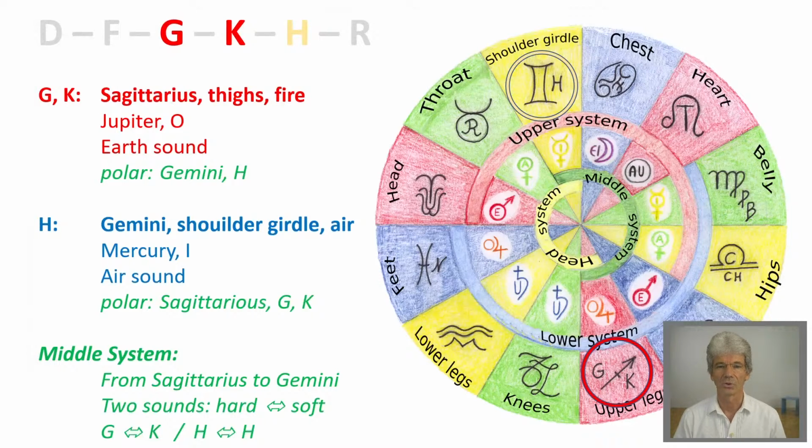And when you look to the Gemini system at the top, the shoulder girdle, then you find that's where the H belongs to. Then you find that Mercury gives its energy to it.